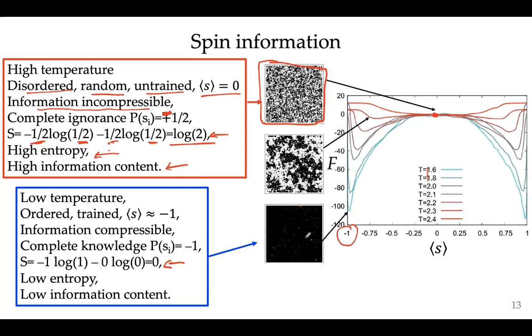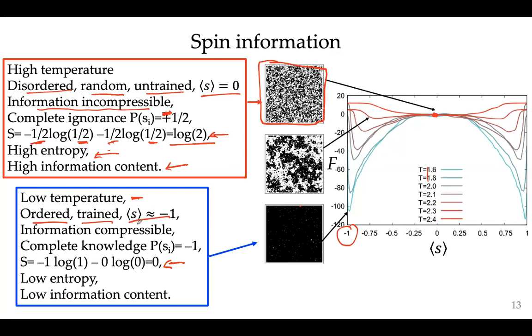So all the spins, at least most of them, are aligned. Maybe there are some spins that are not aligned, but it's either -1 or almost -1. So that corresponds to the low temperature case. It's ordered, it's trained. So in the sense of machine learning, that's the minimum of the objective function.